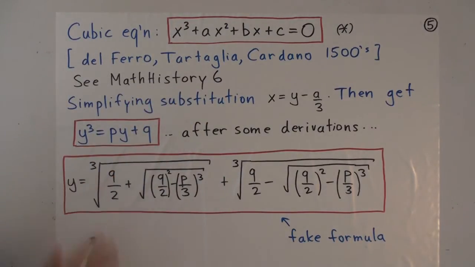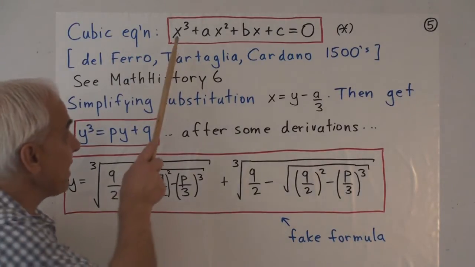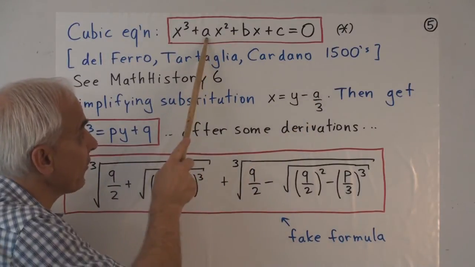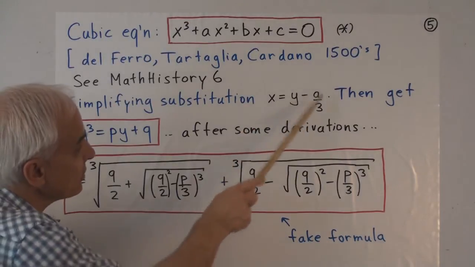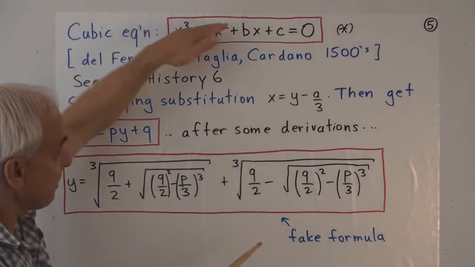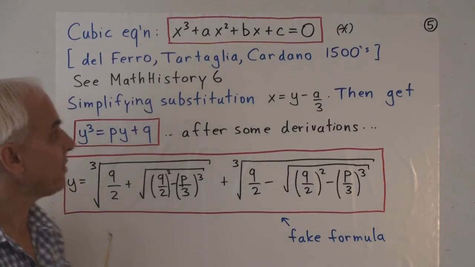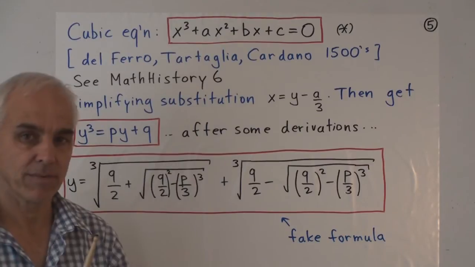So here, roughly, is what ends up happening. We first make a simplifying substitution to simplify the equation. If you replace x with y minus a over 3, and this a is exactly this coefficient of x squared here, divided by 3, then it turns out that you plug that in and you expand using the binomial formula and you collect terms, that there is then no more y squared term.